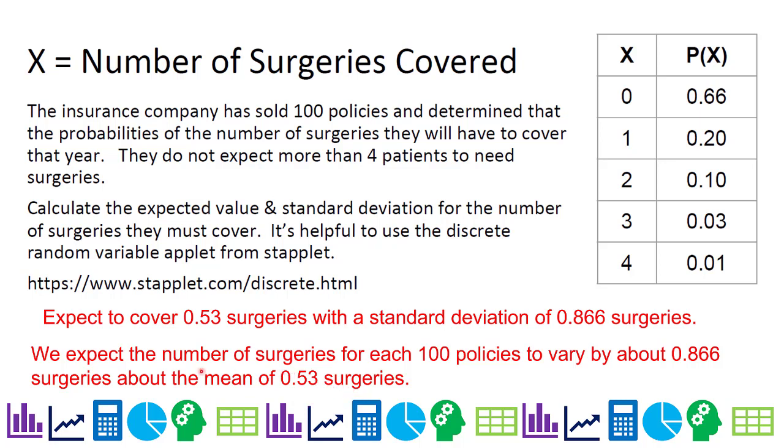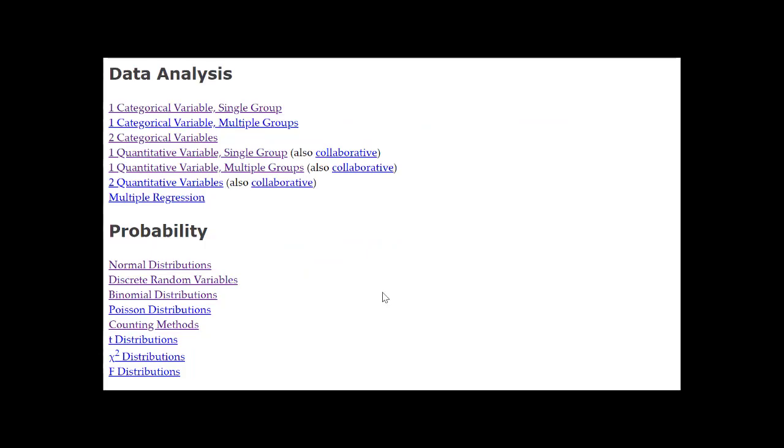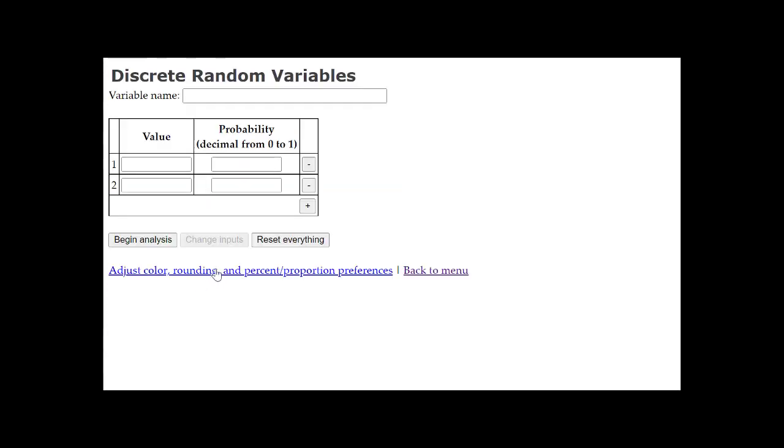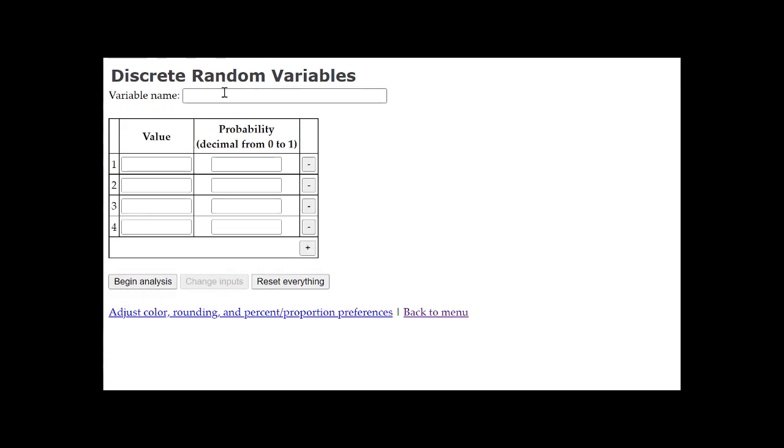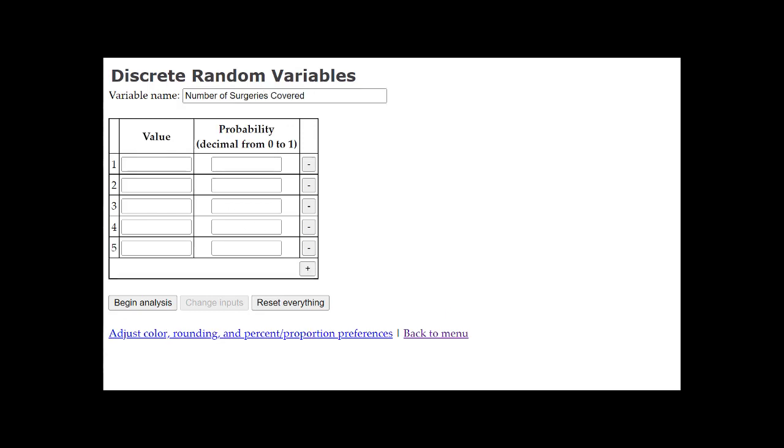So I will go ahead now and show you how to use the Staplet. So when you go to Staplet, we're going to that same applet, discrete random variables, that we went into in the last unit. I'm going to have to add a couple of rows. And we're doing number of surgeries covered. And my first value is 0.